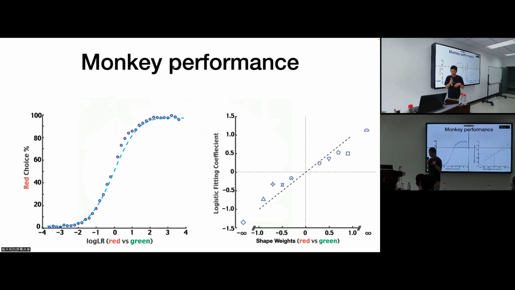But as you mentioned, if the monkey is doing this perfectly, whenever the log likelihood ratio is positive, choose red, and so on, that actually shouldn't look like this. It should be a step function. On this side, it should be all positive. On this side, it should be all negative. The reason it doesn't is that the monkey actually has a lot of noise in its choice. Even when the log likelihood ratio is positive, it doesn't always go for the red target. It still distributes its choice between the two targets.